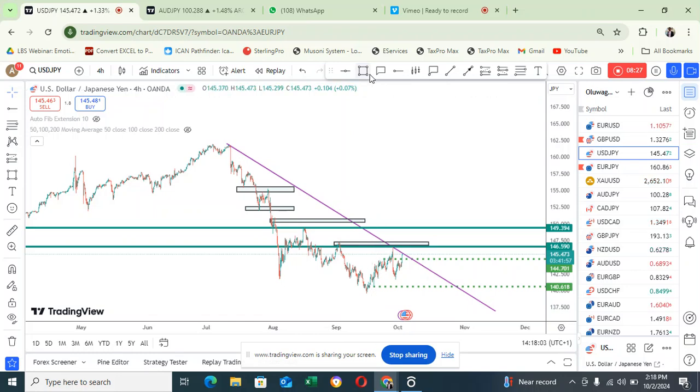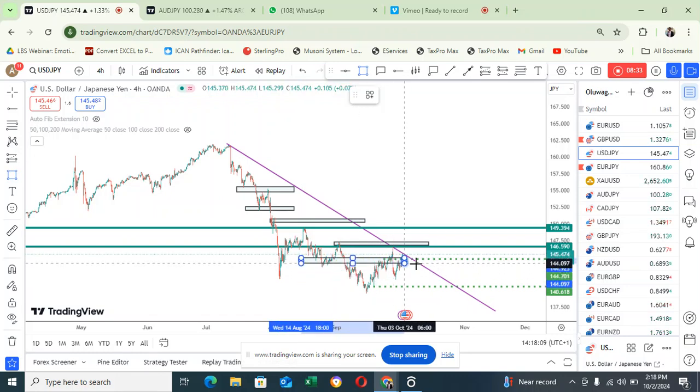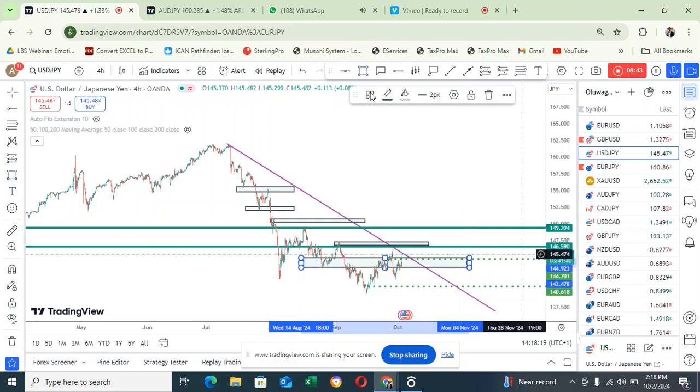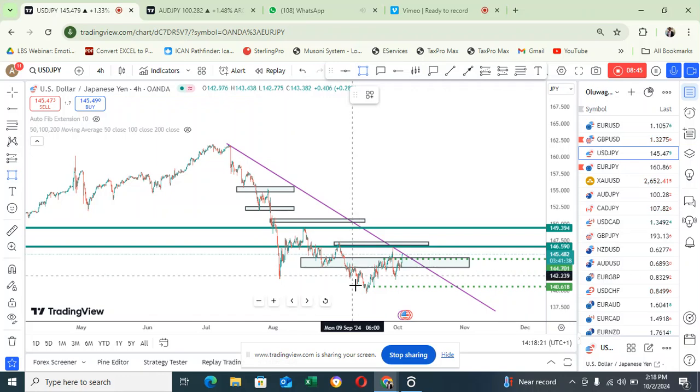Let me draw another lower low, this lower low. Those are the areas of lower low and lower high. Then another lower low in this area.